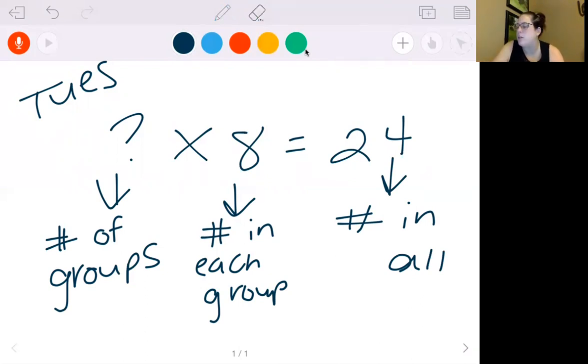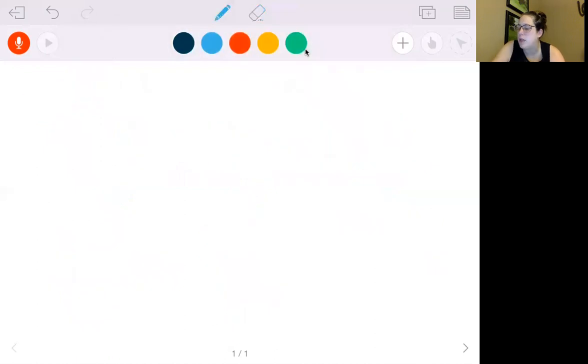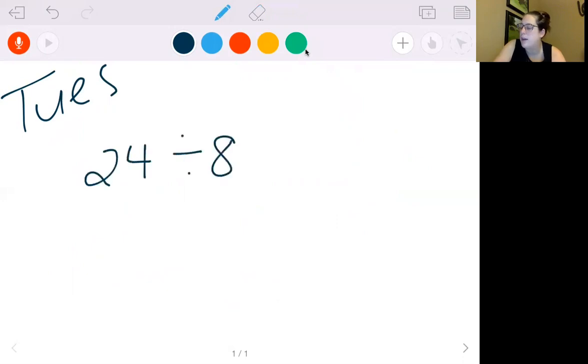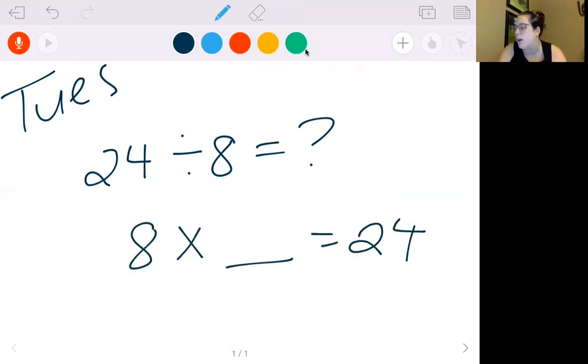So let's redo this problem. If we have 24 divided by 8 equals, whoops, back up, we don't know that it's 6 yet. We're going to put a question mark. Pretend you didn't see the 6. I would think 8 times what equals 24. I already know that 8 times 3 equals 24.